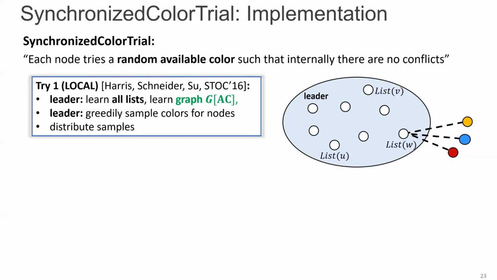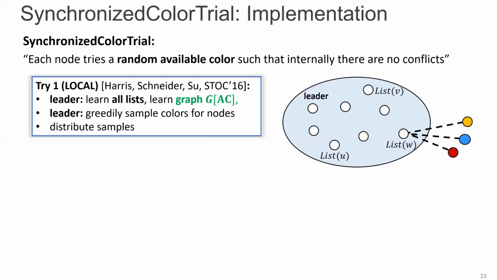And then the leader processes the vertices greedily in an arbitrary order, and it just picks a random color from the list for a vertex, afterwards updates the lists of all the neighbors in the almost clique of this vertex, and then continues with the next vertex, and again picks a random color from the colors that are still remaining for this vertex.